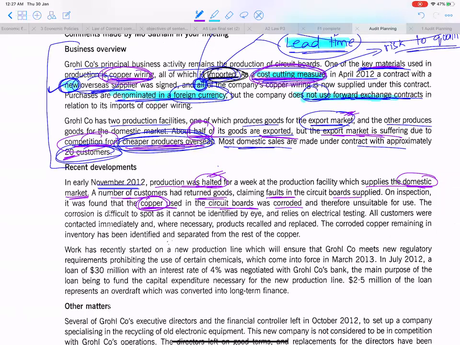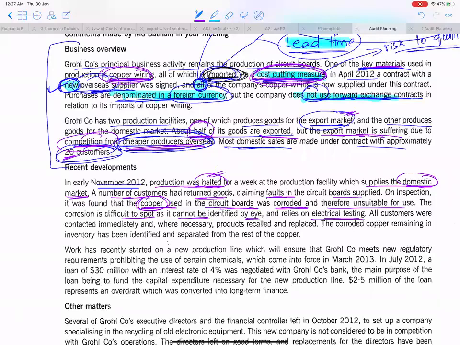So when you are writing the risk of cost-cutting measure, you can refer to this incident, that in November 2012 the new supplier sent you corroded copper, which was unsuitable for use. The corrosion is difficult to spot as it cannot be identified by eye and relies on electrical testing.